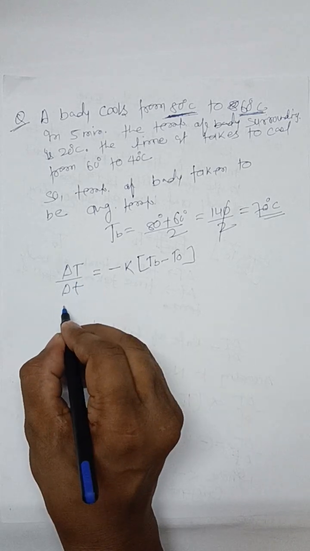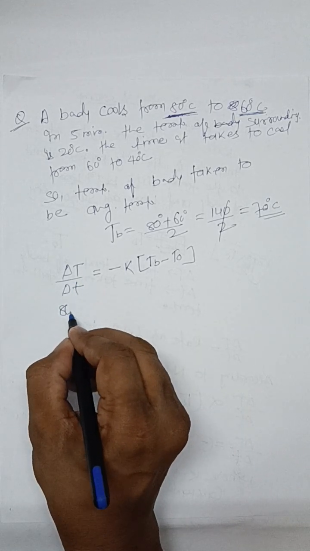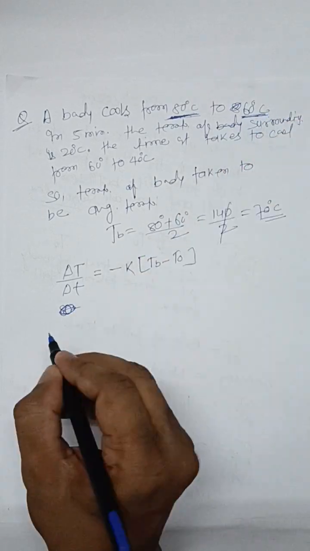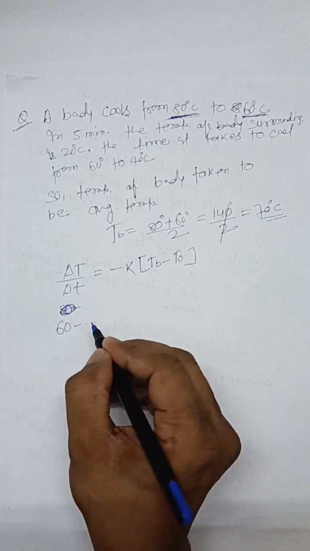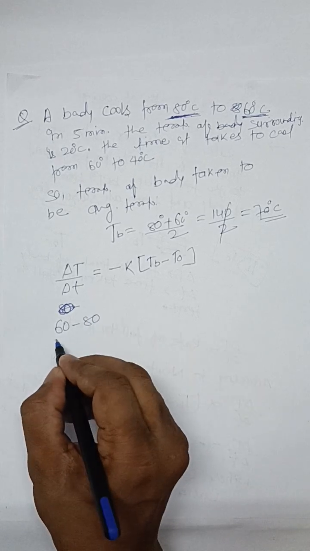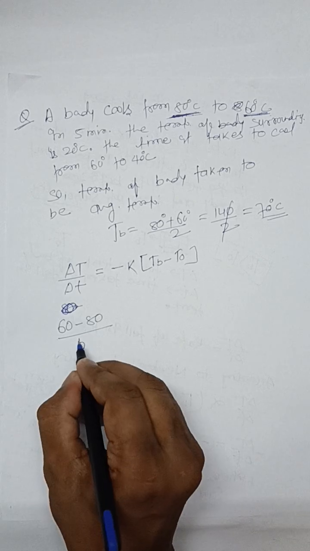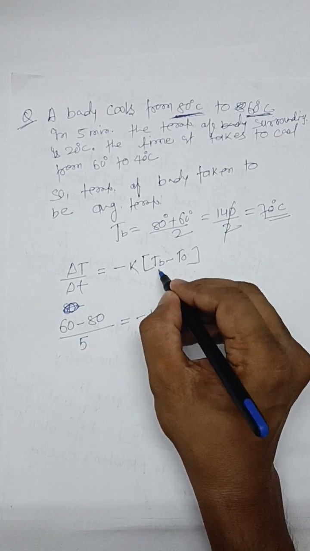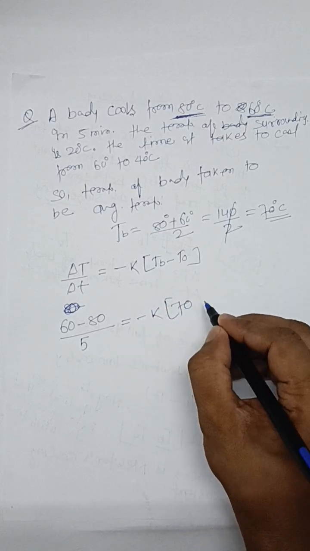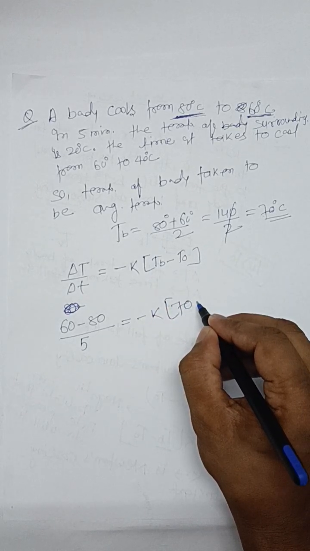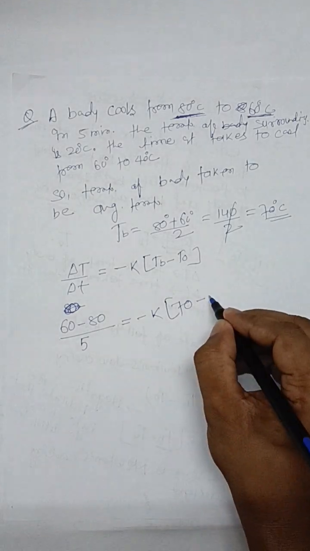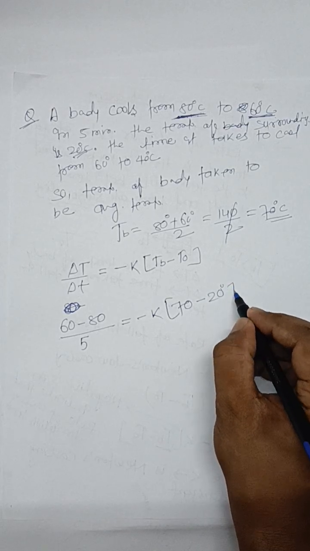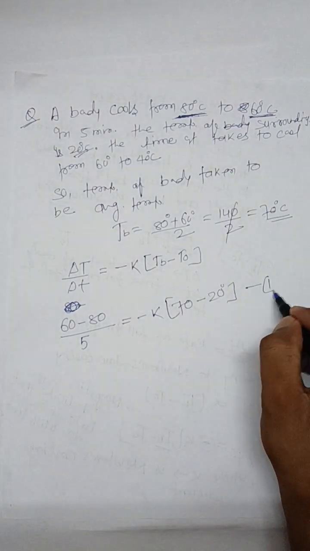Del T, the fall in temperature, is final temperature 60 degrees centigrade minus 80, by time taken 5 minutes, equals minus K times (70 minus T_0), where the temperature of the surrounding is 20 degrees centigrade. This is equation 1.